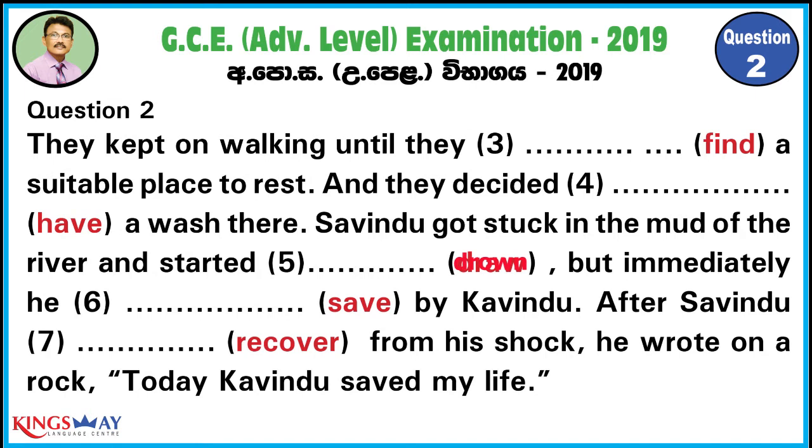So they kept on walking until they, now that this is something that happened in the past, the verb must be past tense. So what should it be? They kept on walking until they found a suitable place to rest.